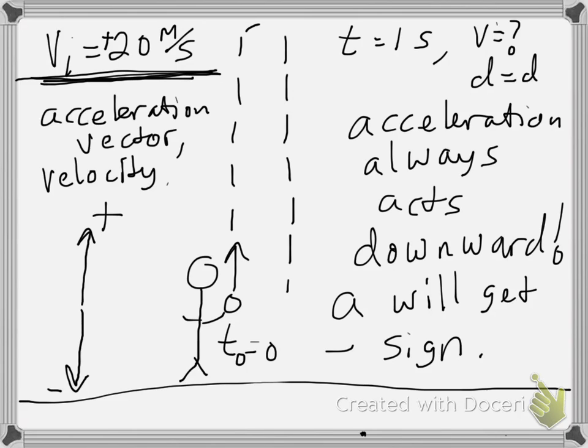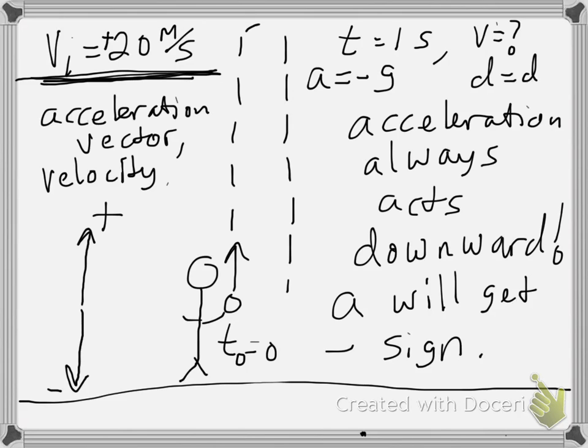And in fact, not only will a get a negative sign, a will be g. Because we're in free fall, as soon as I let this ball go, I'm under the assumption that air resistance is negligible, and therefore gravity is the only thing acting on it, so we're in free fall. So in fact, our acceleration is going to be negative g.